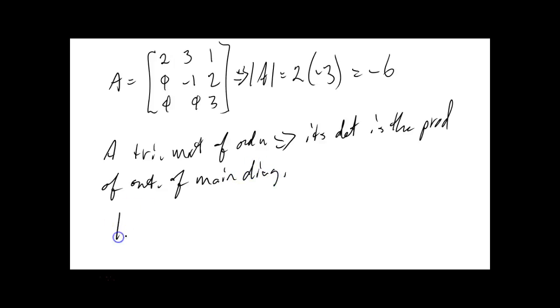That is, the determinant of A is equal to a11, a22, a33, ... times ann. That's all, folks.